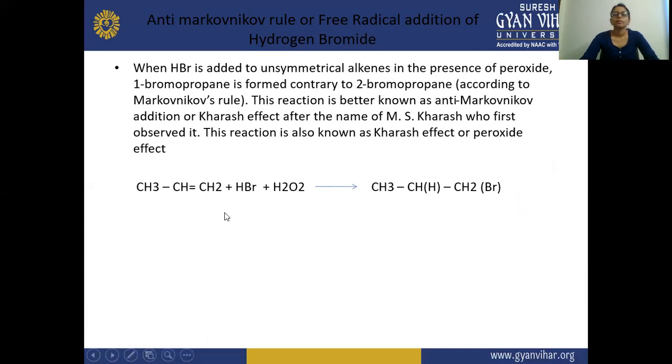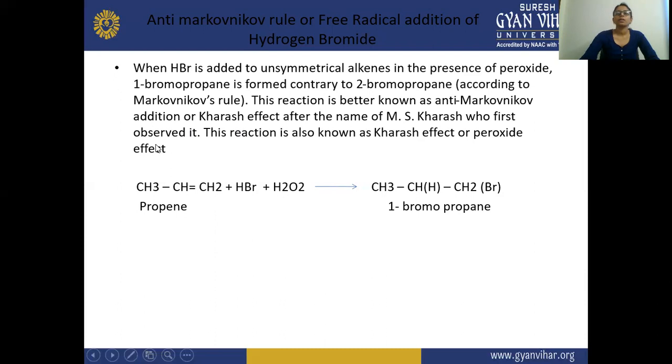So in the anti-Markovnikov rule, the presence of peroxide is given. Here 1-bromopropane is formed, contrary to 2-bromopropane according to the Markovnikov rule. And this reaction is better known as anti-Markovnikov addition or the Kharash effect. It is named after M.S. Kharash, the scientist who first observed it, and this reaction is known as the Kharash effect or the peroxide effect.